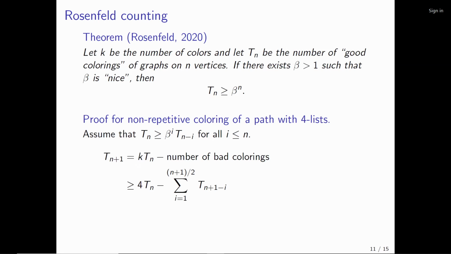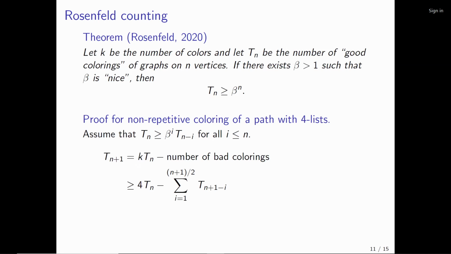Okay? What can go wrong? Say I add some letter, right? I created a square. Then I just delete half of this square. What remains is a square-free word, right? So it is counted in this number of Tn plus 1 minus i.